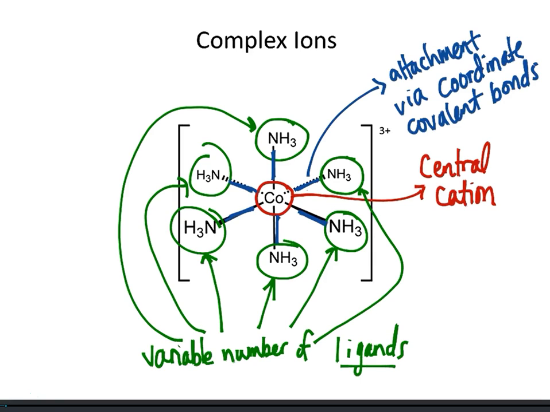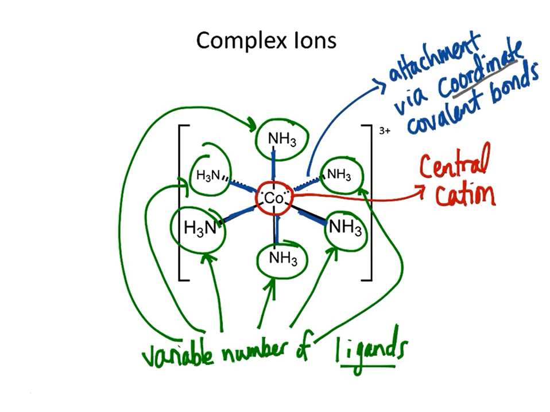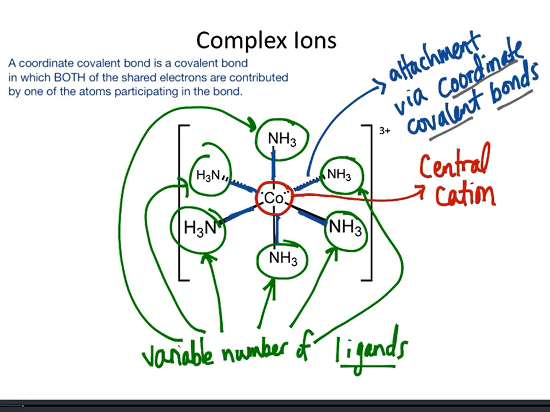A coordinate covalent bond is a covalent bond, but it's one where the electrons are both donated by the same atom. So this term up here, coordinate covalent bond, is a covalent bond in which both of the shared electrons are contributed by one of the atoms participating in the bond. In the example you see here, ammonia, if you draw the Lewis dot structure for ammonia, you get the central nitrogen with 3 attached hydrogens.